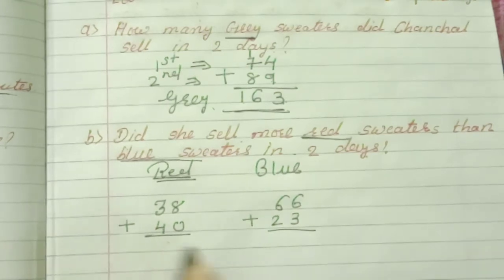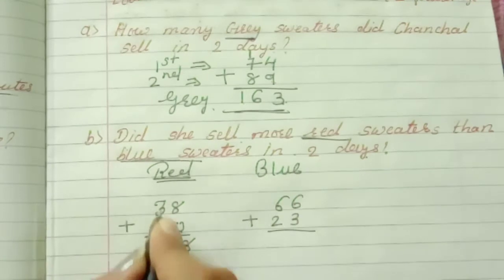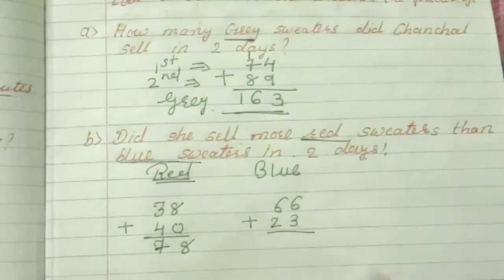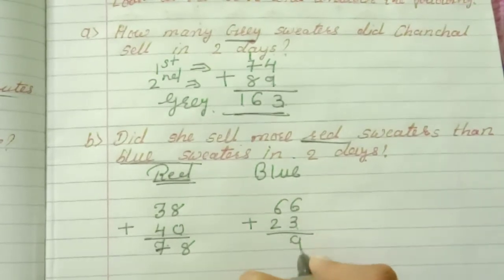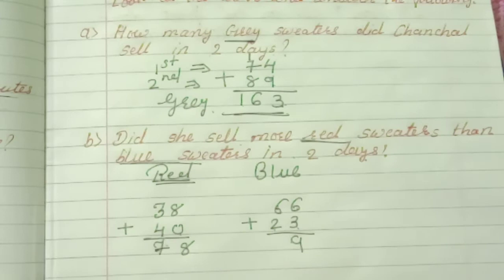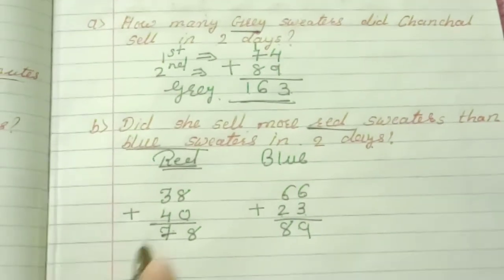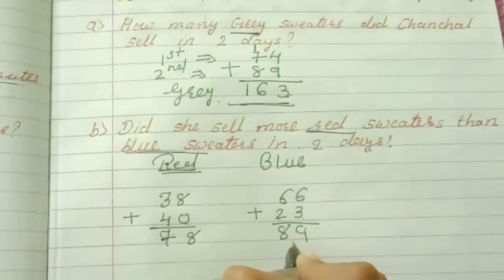Total red sweaters and total blue sweaters. 8 plus 0, 8. 4 plus 3, 7. 6 plus 3, 6 is 7, 8 and 9. And 6 plus 2, 6 is 7 and 8. So, red sweaters 78 and blue sweaters 89.